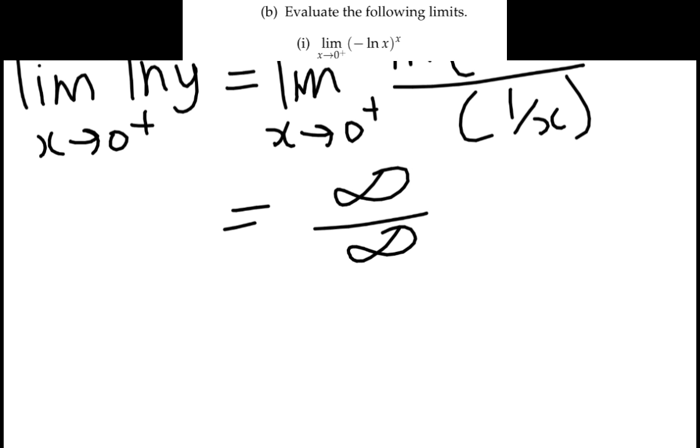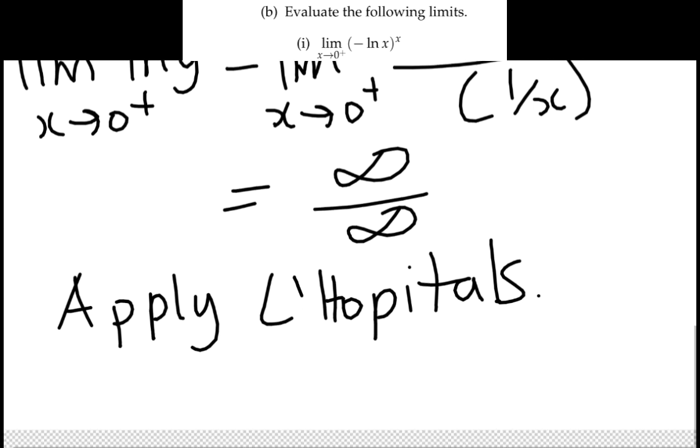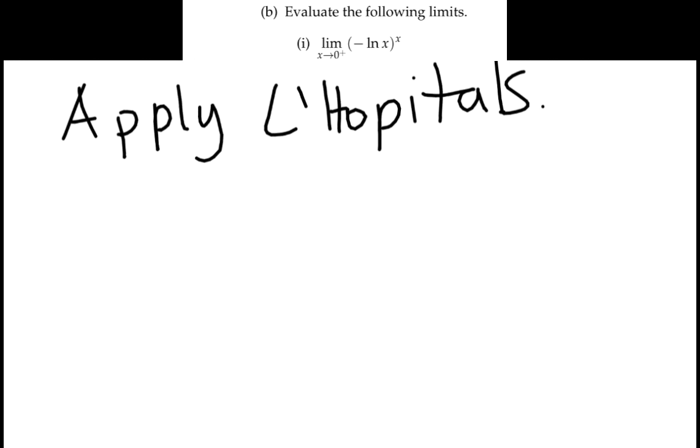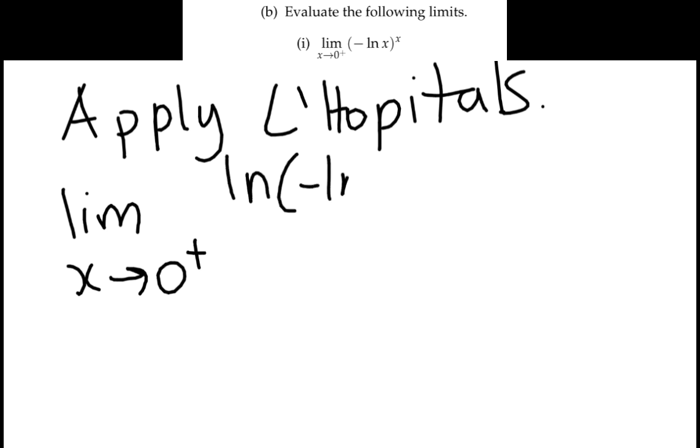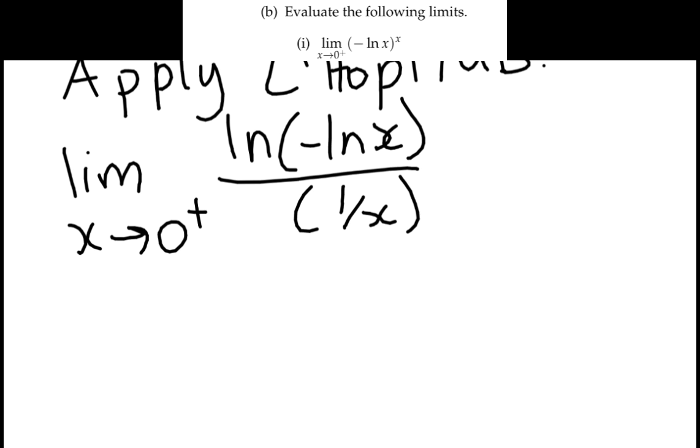Now we can apply L'Hopital's rule. Let's just focus on the right hand side. So we had the limit as x approaches 0 plus of ln negative ln x over 1 over x. Now if we differentiate the top and the bottom, that's what L'Hopital's rule tells us.